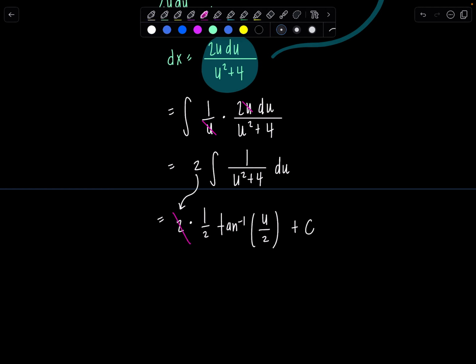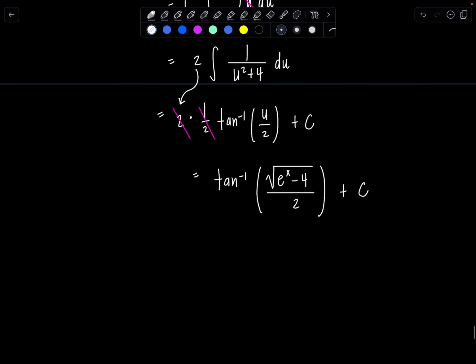These cancel out beautifully. And then we're going to go back, replace u with, that's it, square root of e to the x minus 4. So we've got tan inverse of square root e to the x minus 4, all divided by 2 plus c.